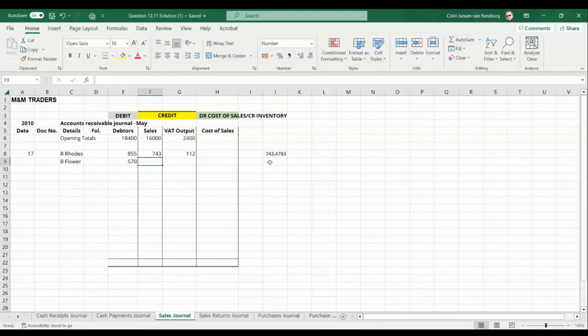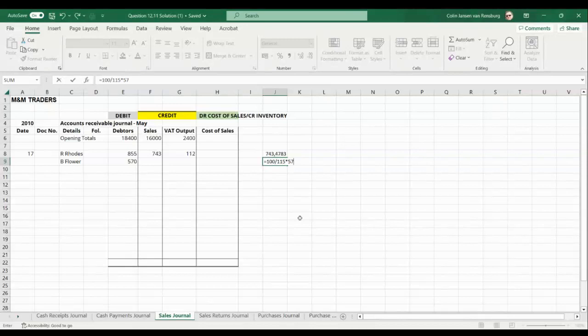Right. Now, in this case, it doesn't matter which one we calculate first. Let's do it the same way around. So what do we want? We want a factor of 100. What do we have? We have a factor of 115. What is the amount? 570. So that gives us 496.